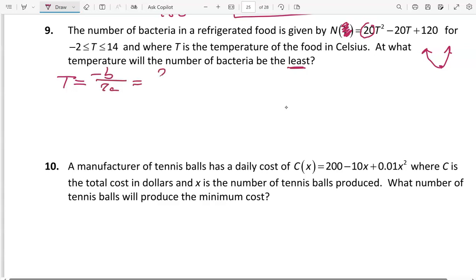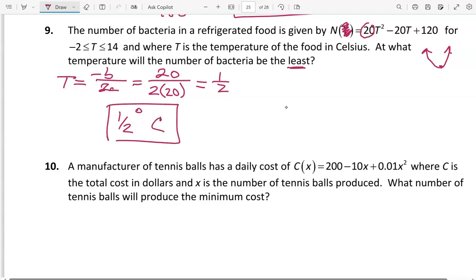So that's the positive 20, the value of the opposite of b, divided by 2 times a, which is 20. And so that's 20 over 40, which is 1/2. And so that would be at 1/2 degree Celsius, the temperature at which the bacteria will be the least.